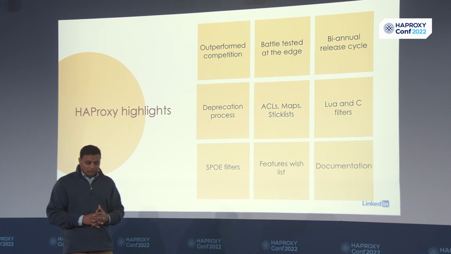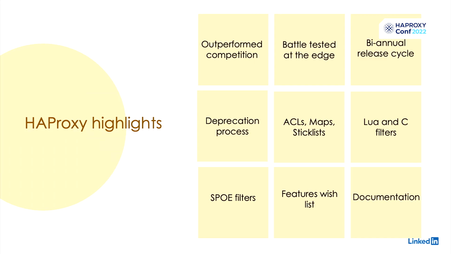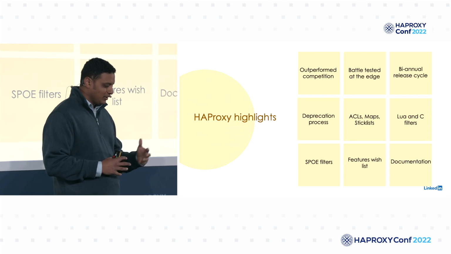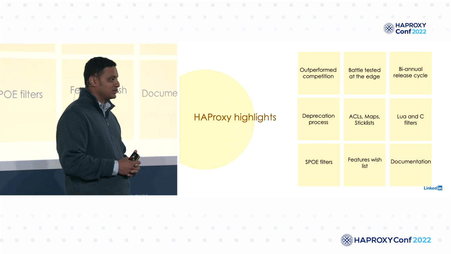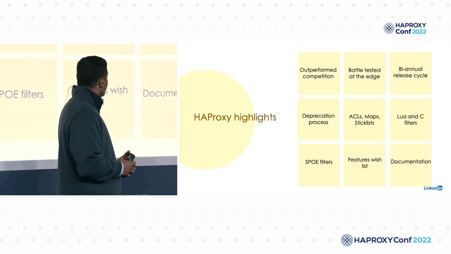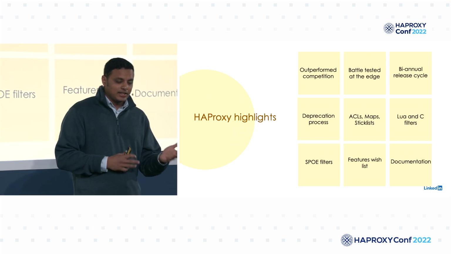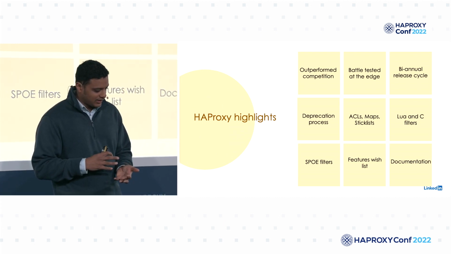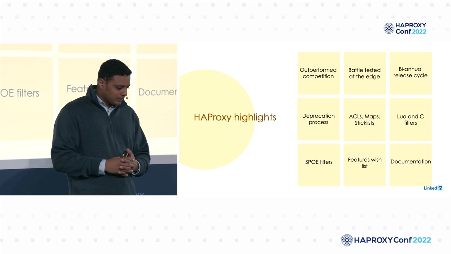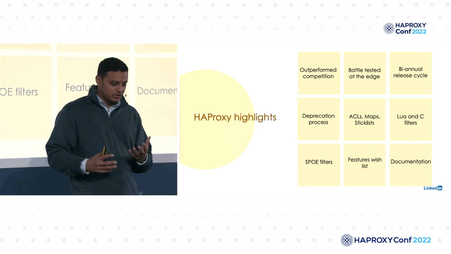And we also spoke to some of our sister companies who use HAProxy, and they had good things to say about their experience. We also like HAProxy's release cycle and their long-term support. It kind of suits our model.